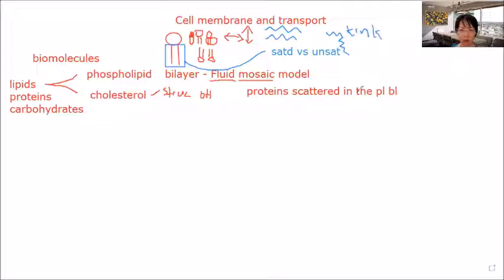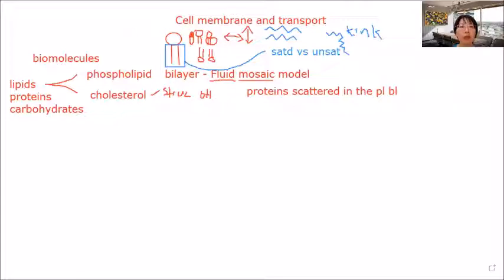Whether saturated or unsaturated will affect the neighboring phospholipid molecules, whether they can align side by side or not. So if you've got a kink, then they cannot align side by side. They will be aligned further away.